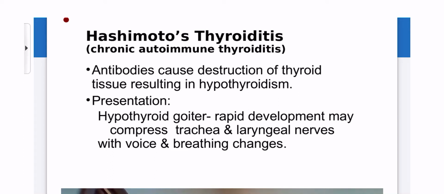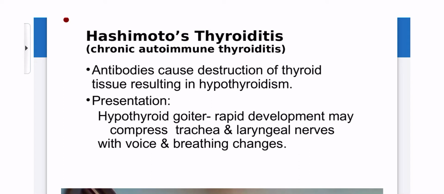Hashimoto's thyroiditis is another autoimmune type of problem. And in this situation, again, antibodies cause the destruction of the thyroid gland. So really, we can't have it there then. It's disrupting the patient's life.